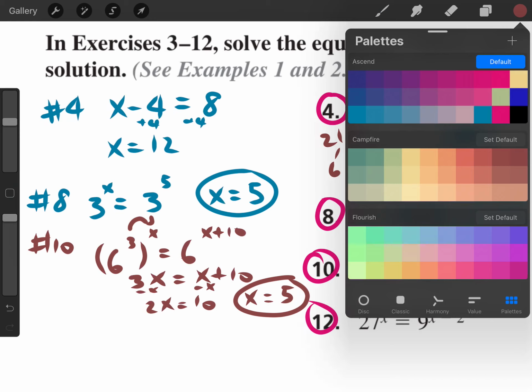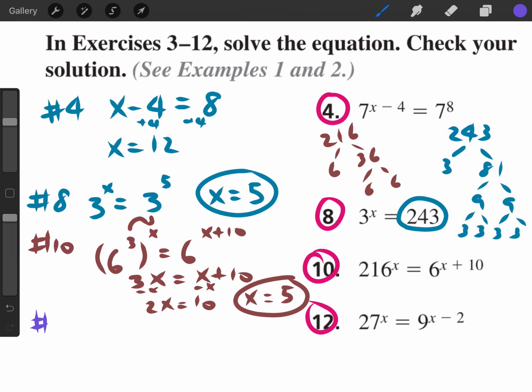So the last one, number 12. So 27 and 9, you can rewrite 27 as 3 cubed, as I mentioned earlier in the previous slide, example number 2. And then you can rewrite 9 as 3 squared. Do not forget about the x minus 2.